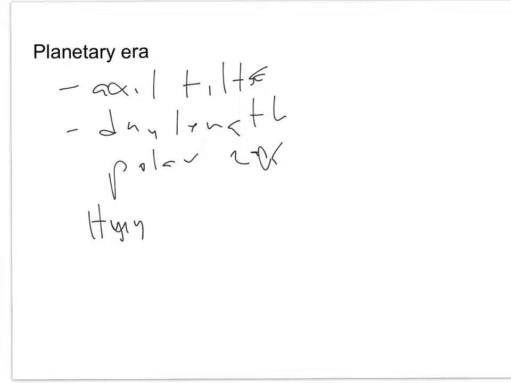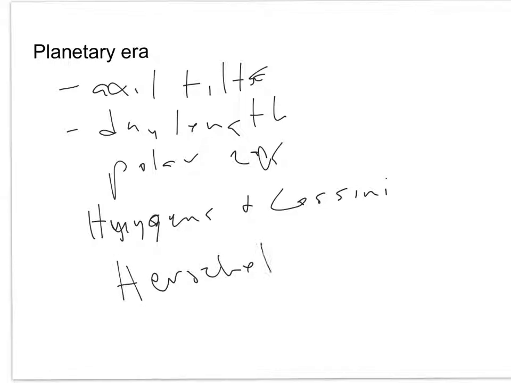Who you should be thinking about is Huygens and Cassini, who worked about the same time. And then a little less than a century later, Herschel. And we're talking really basically the 17th and 18th centuries.